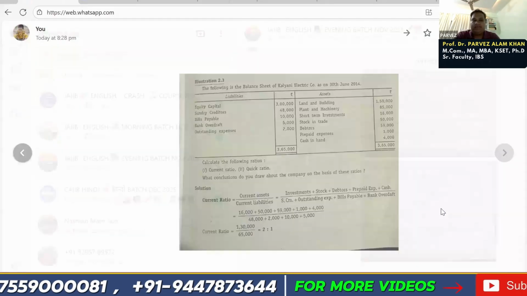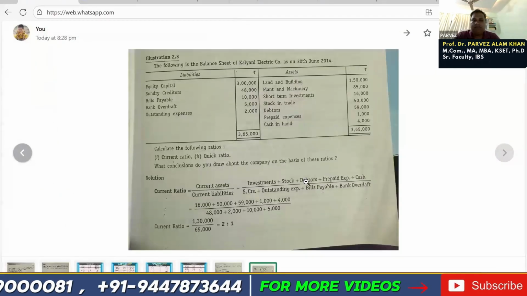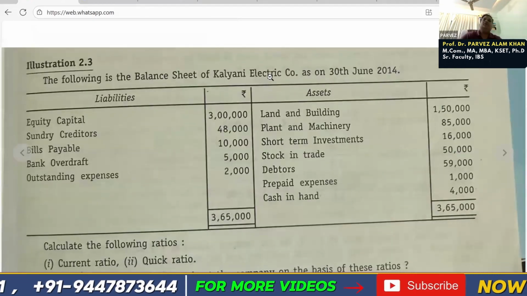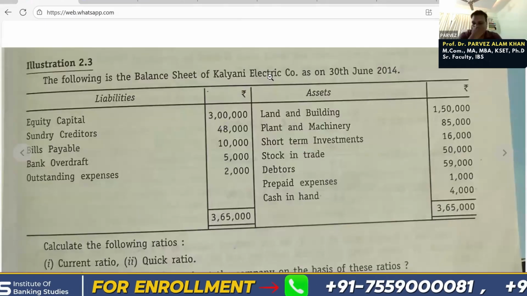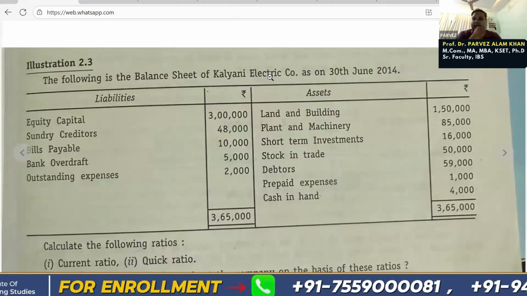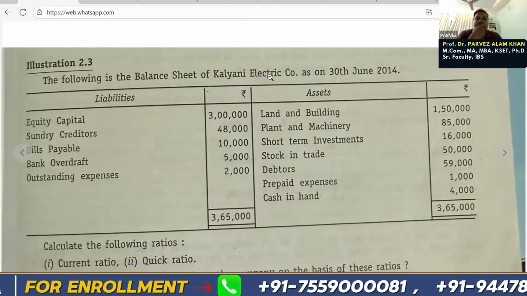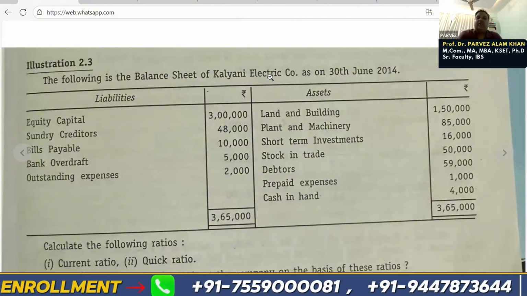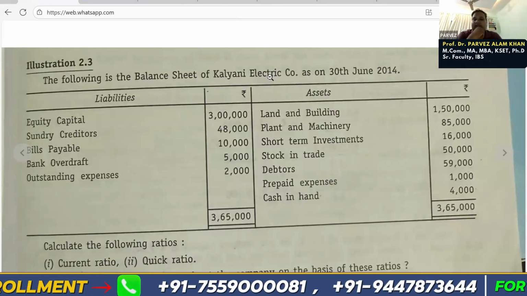If you look at this question, they have given liabilities and assets. So we have to first find out the current ratio. Quick ratio, I'll tell later. So current ratio means current asset by current liabilities. Can you tell which items we will take from the assets?